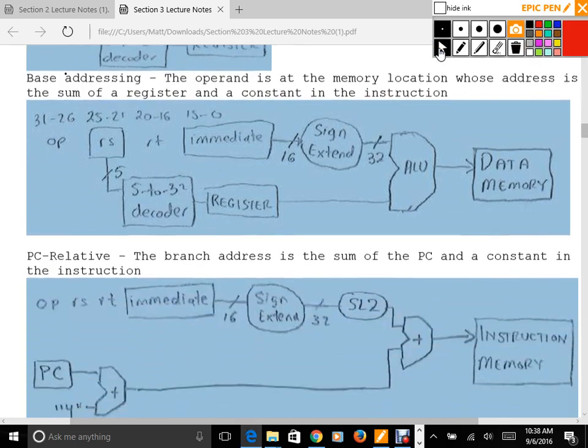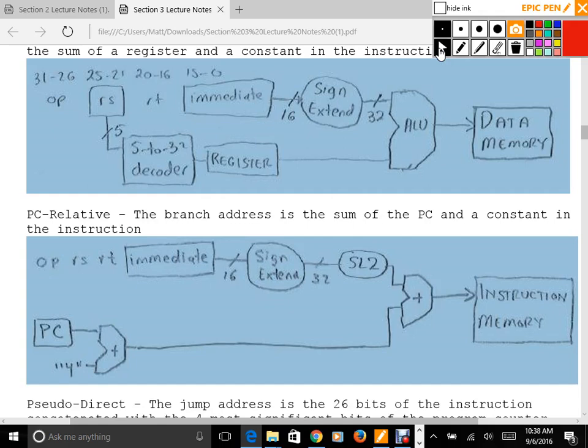Okay, the fourth one is what's known as PC relative. PC stands for program counter. And this is what we know as branching, meaning I am at a certain instruction, and let's say I have some sort of if statement. If A equals B, do this code.